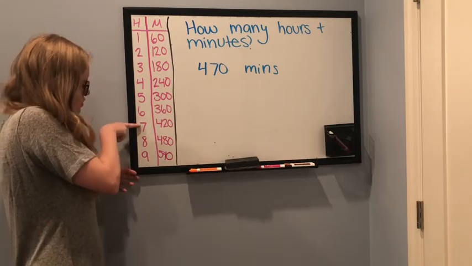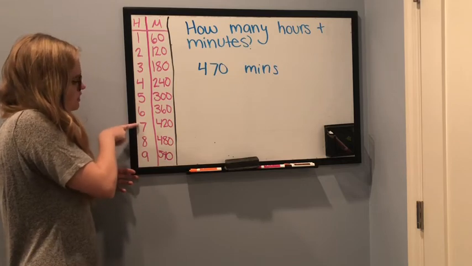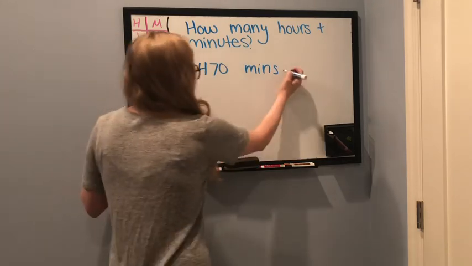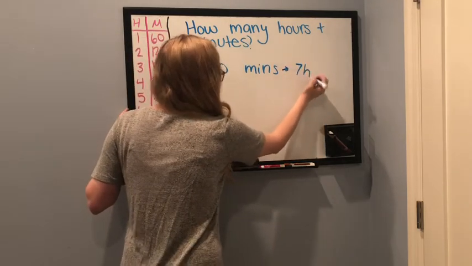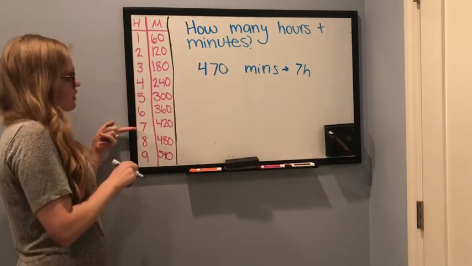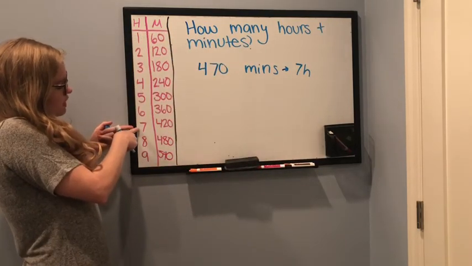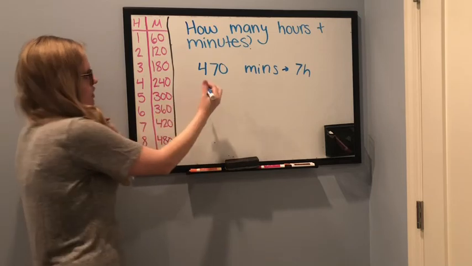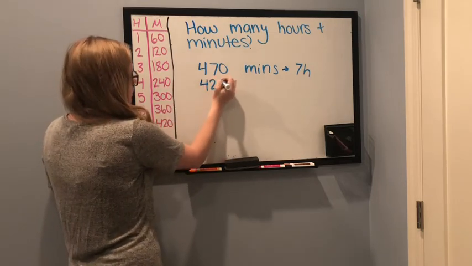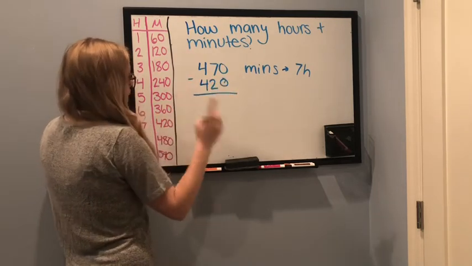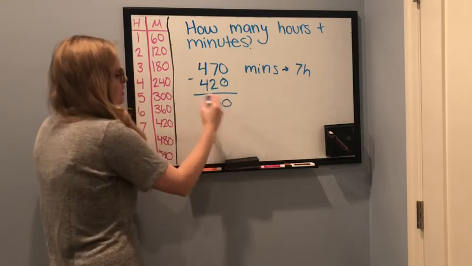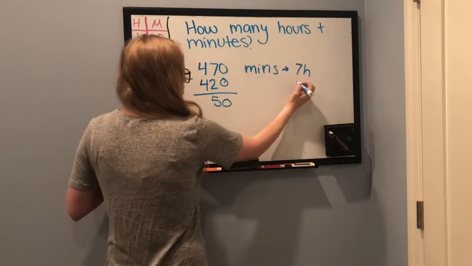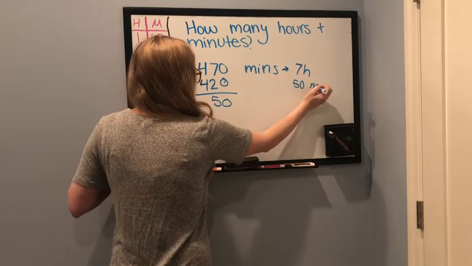So we're here in between 7 and 8 hours. So we know that our first number is 7 hours. And then we need to find the difference between 420 and 470. Mental math, 50 minutes. So our answer is 7 hours, 50 minutes.